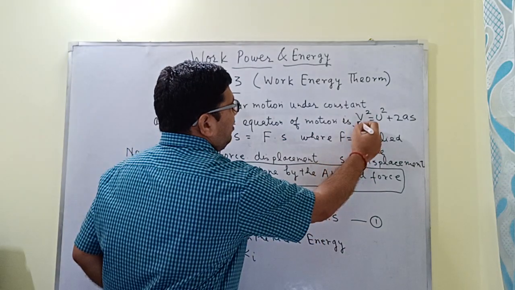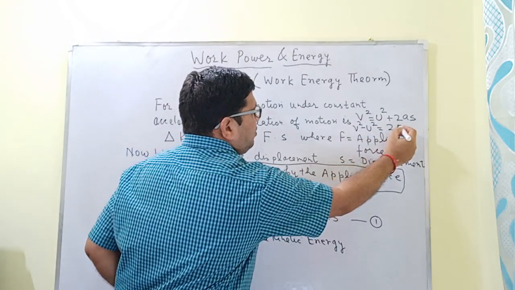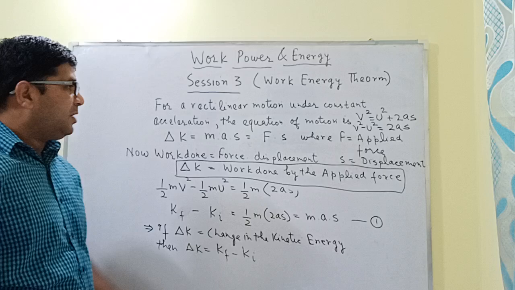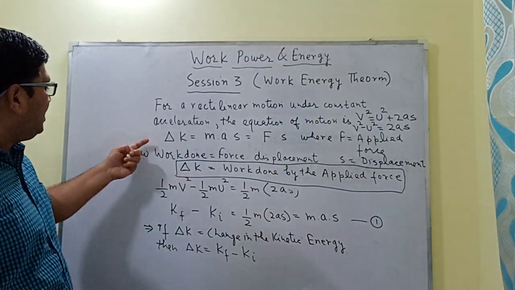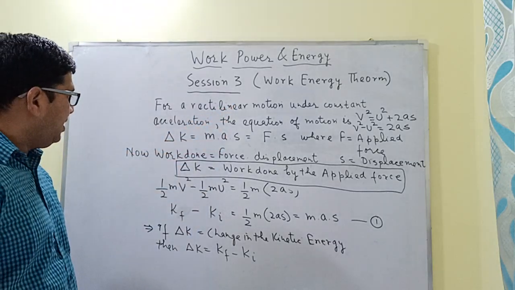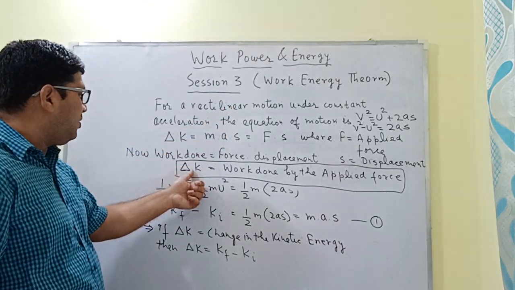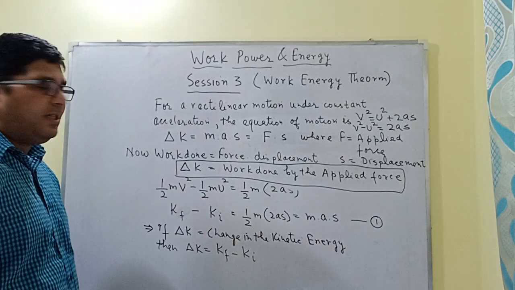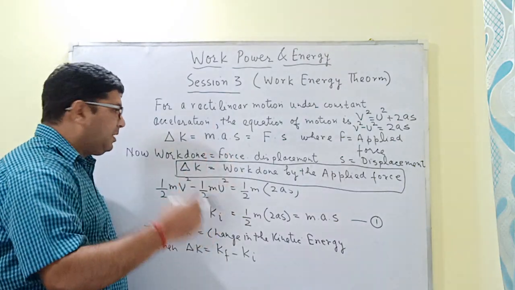That is ultimately what we have used, v square minus u square equal to 2as. So इस equation of motion को use करके we have derived the work energy theorem, which states that the change in the kinetic energy of an object is equal to the work done by the net force applied on that particular object.